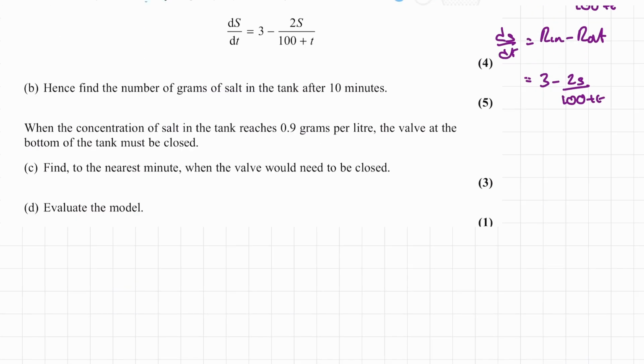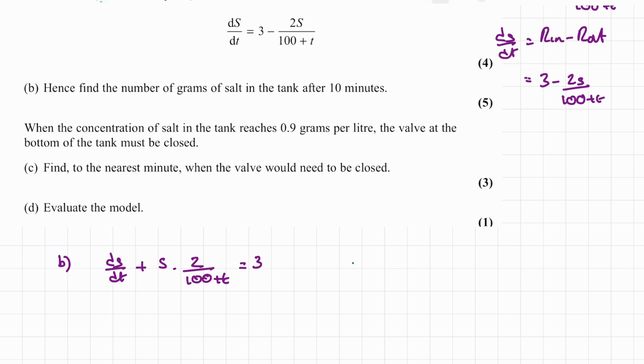So if we say, for part B, dS by dt plus S multiplied by 2 over 100 plus t. So I'll split this up because when you differentiate the S, you get dS by dt, and then we can use this as our integrating factor, and this will equal 3.